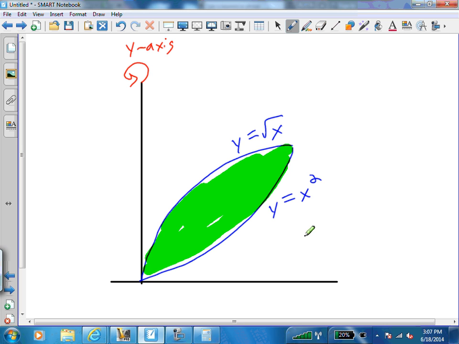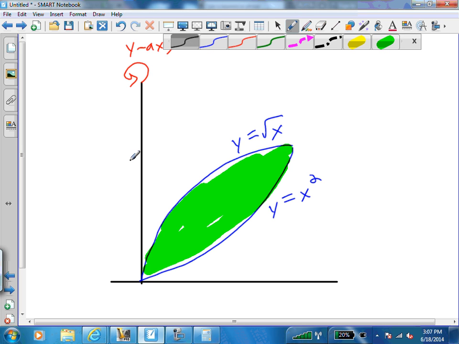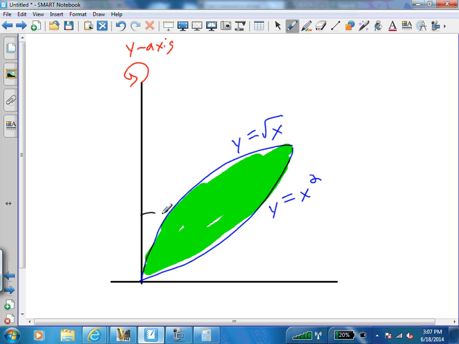How do I get x by itself here? Square root of both sides. So this x is the square root of y. You give me a y, I'll tell you what the x is. So our big R, which now, instead of being a function of x, is a function of y, it's the larger x minus the smaller one.